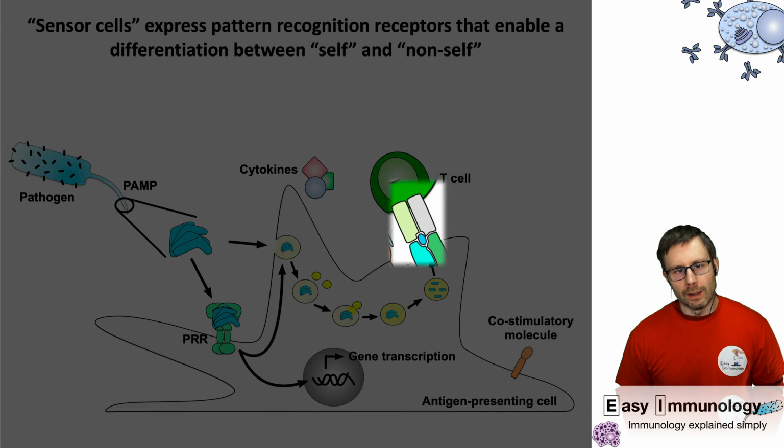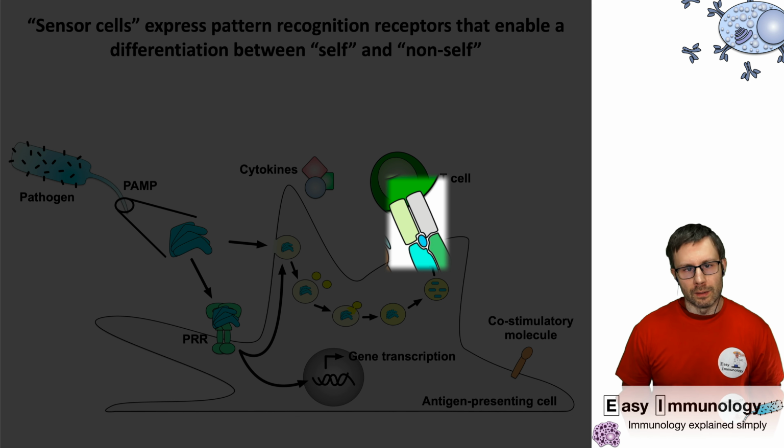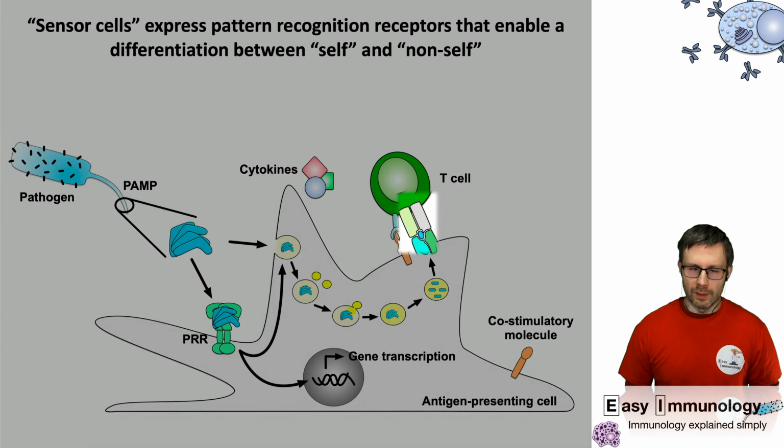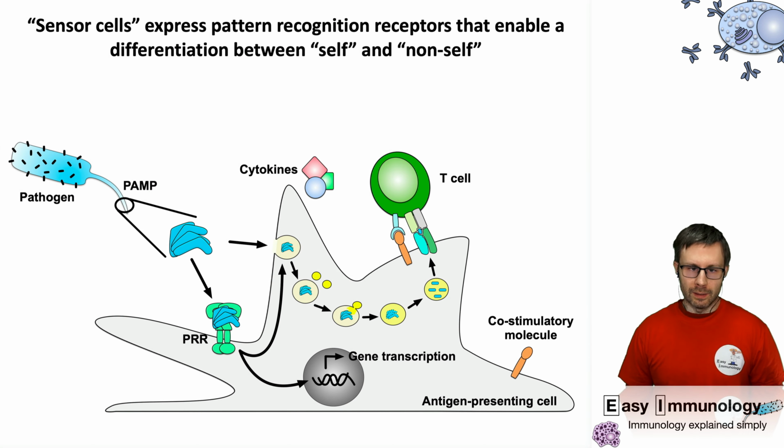This is the gray and green structure, and this is able to recognize the peptides from our blue bacterium together with the MHC molecules. And if this matches, this means this is the T cell that was born, if you want to say it like this, to fight this blue bacterium.